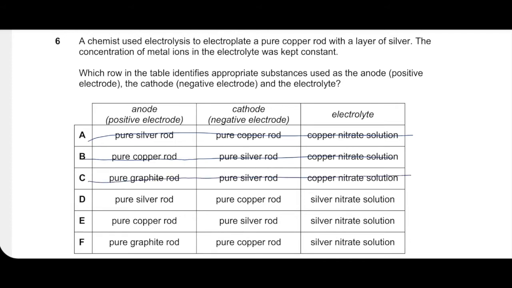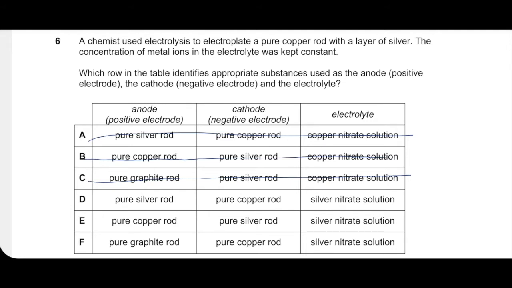Now, moving on to the cathode. So the cathode is the negative electrode, and at the negative electrode, the metal ions are going to gain an electron and become a metal, and that's where the metal is going to deposit, the coating is going to occur.